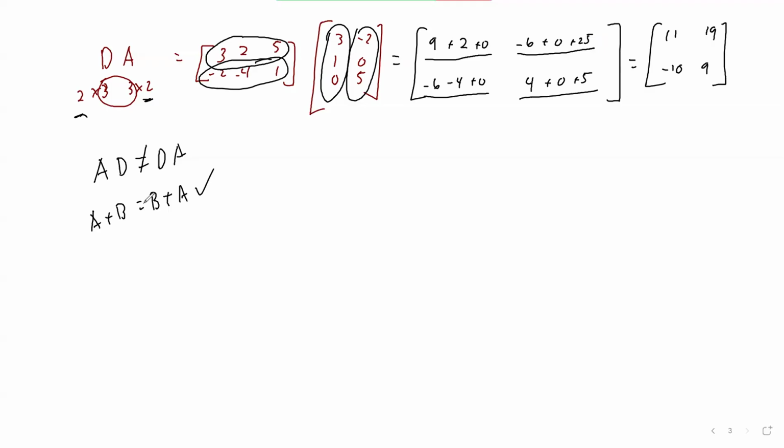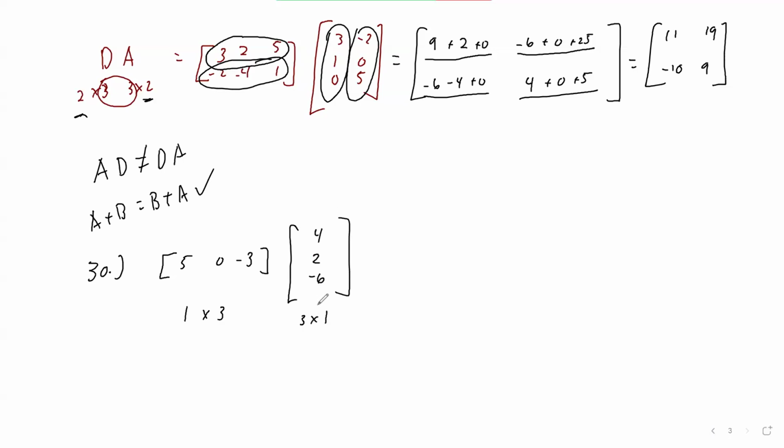All right, so back to some questions out of the book. Let's look at number 30. It just says multiply if possible. So we have 5, 0, -3 times 4, 2, -6. This is a 1 by 3 because there's one row, 3 columns, and this is 3 by 1.